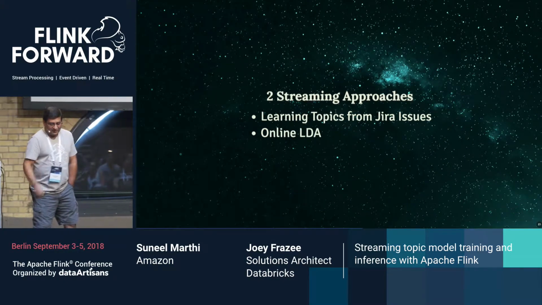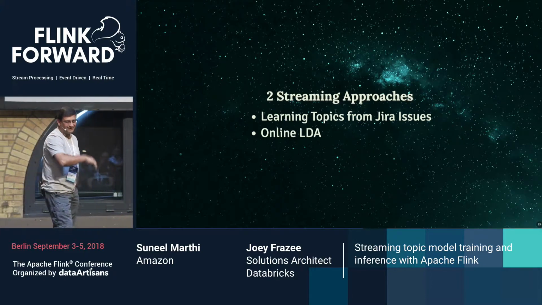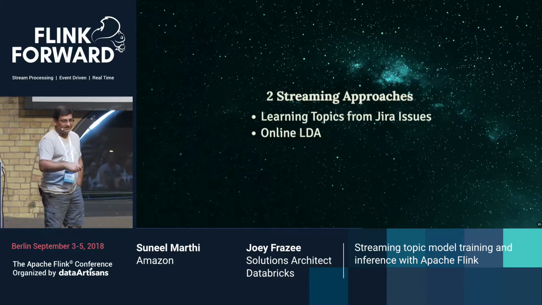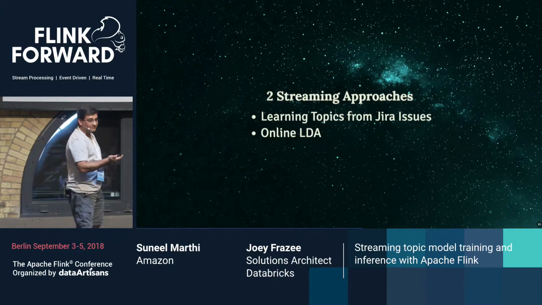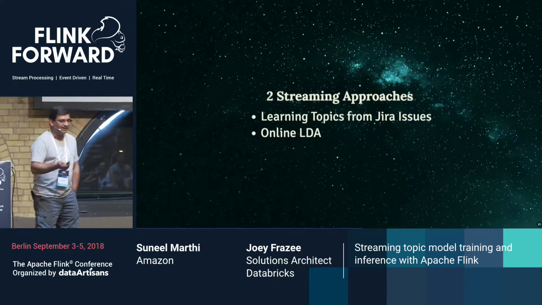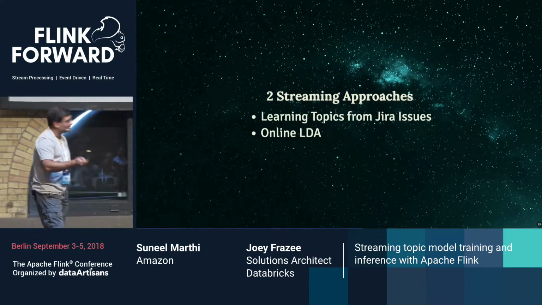I cannot do a live demo of that because it takes forever to run, so I was running it offline. And Joey is going to talk about the online LDA implementation. Yes, some guy at Stanford wrote an online LDA algorithm paper, and how do you implement that using Flink stateful stream processing?